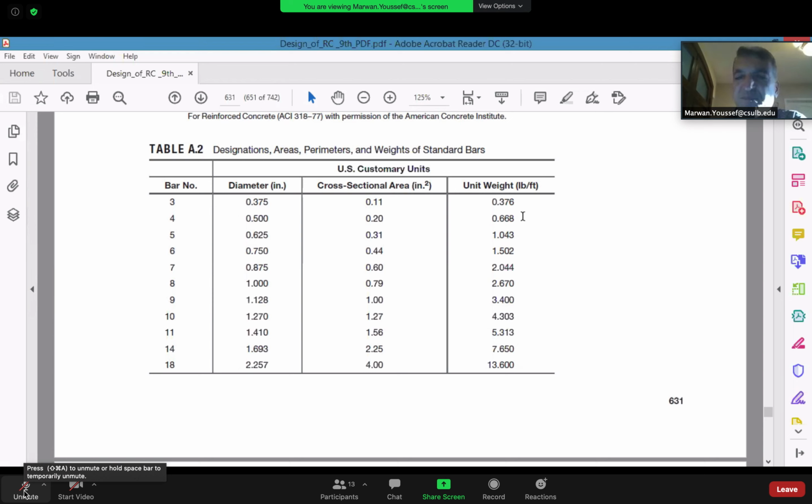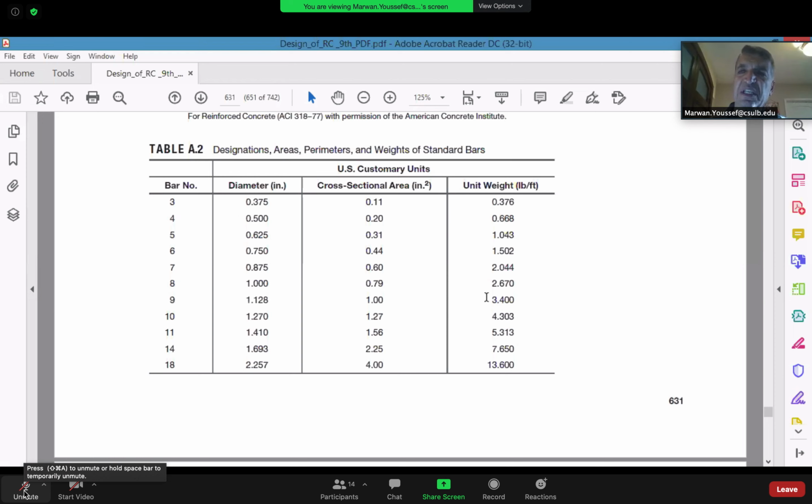That's what this means. Why is this important? We're not going to use it in this class, but in real life, you could be working for a contractor, and the contractor is going to give you the set of plans, and he's going to tell you, calculate for me how many tons of steel is on the job, because they usually order the steel by ton, not by bars.